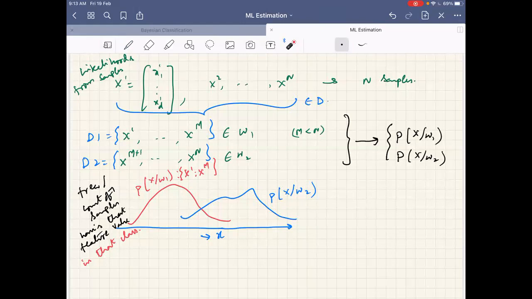We could find out what distribution is most similar to whatever plot we make. We find that Gaussian is similar, fine, but it is not exactly Gaussian. In that case, what should I do? Sir, do we need the distribution if we just need to find P of x given omega 2? Right. In practical cases, when you directly compare, you don't need it.